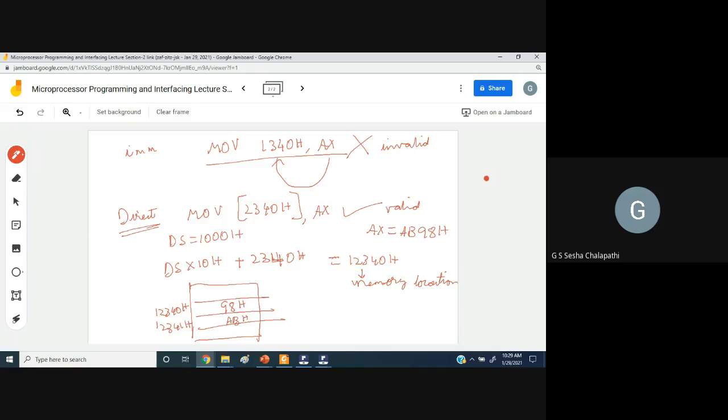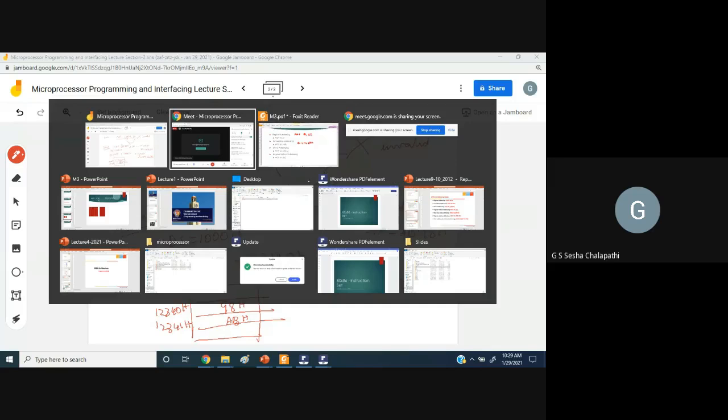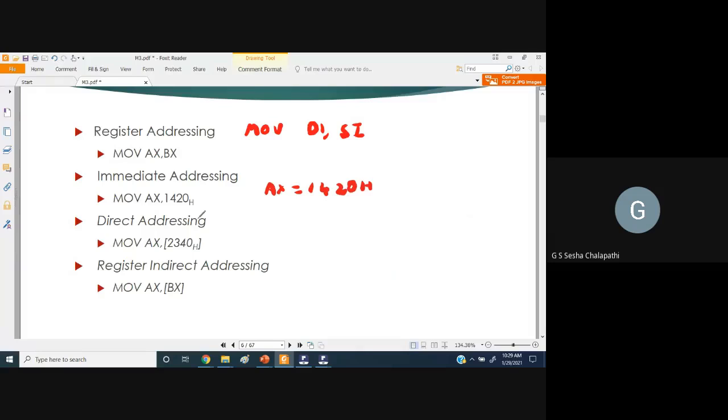Now we have what is known as the register indirect addressing mode. The next instruction is MOV AX, [BX].